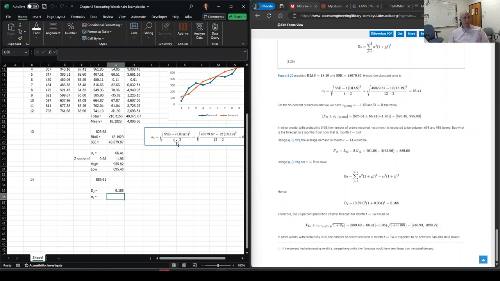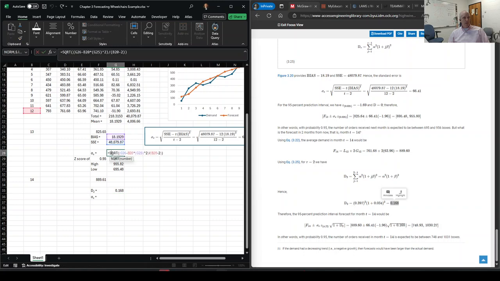That's not going to change. What is going to change is we're going to add a little bit of a factor here because we're forecasting 2 periods out. But the standard error is still going to be the same.